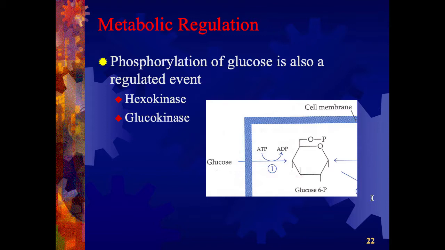Now let's kind of think about why that's the case. Again, what has happened is the tissues have paired transporter with enzyme. GLUT2, this is a liver cell. Let's say this is a liver cell. This is GLUT2. It's got a high Km. GLUT2 can allow a lot of glucose to come in. And because glucokinase has a high Km, a lot of it can be phosphorylated. In muscle tissue, you're going to have GLUT4. GLUT4 is a low Km.